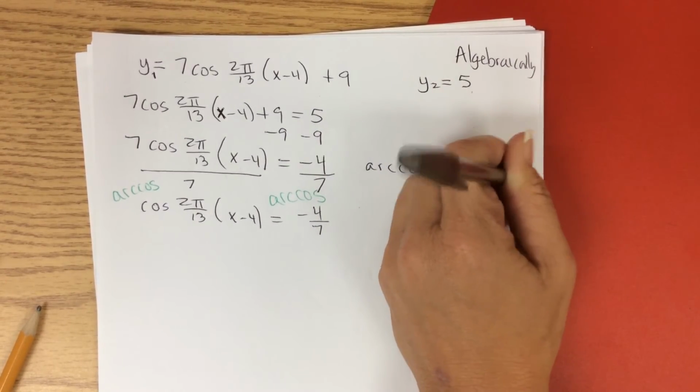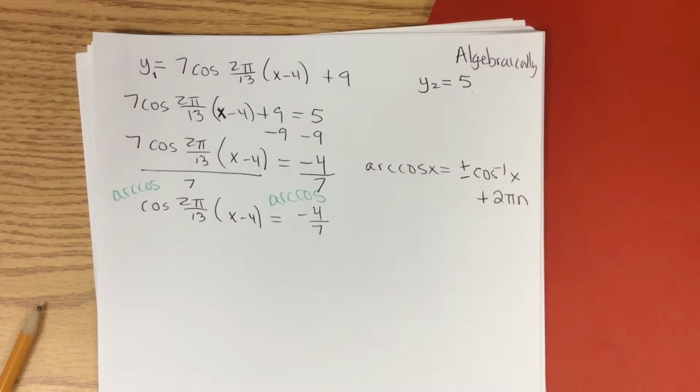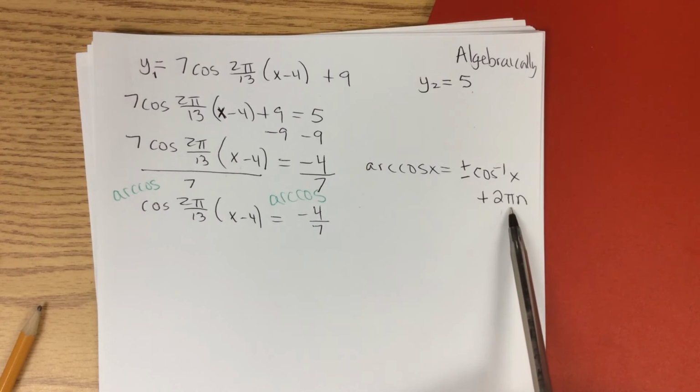Inverse cosine of x plus what? 2 pi n. Why the 2 pi n, Jake? To add something to get those coterminal angles that you were talking about earlier. Did you see how many answers we were finding? It was like 6 answers. The only way to find all of them is to keep adding 2 pi, 2 pi, 2 pi, or 360.